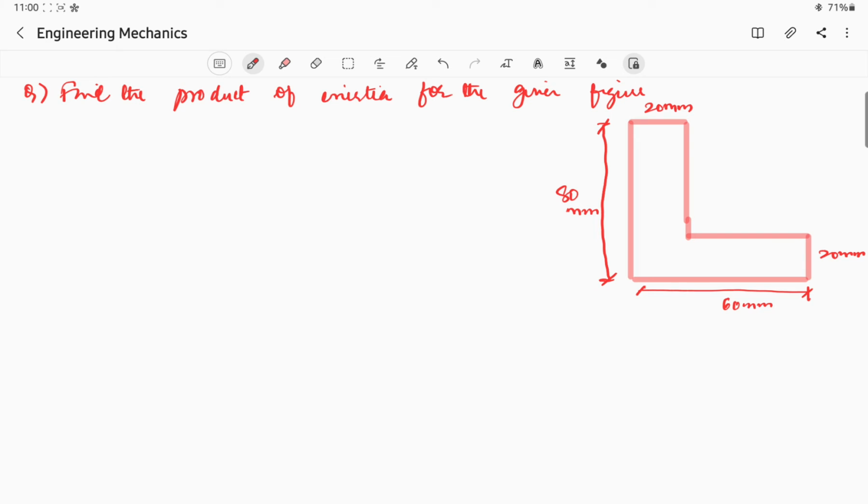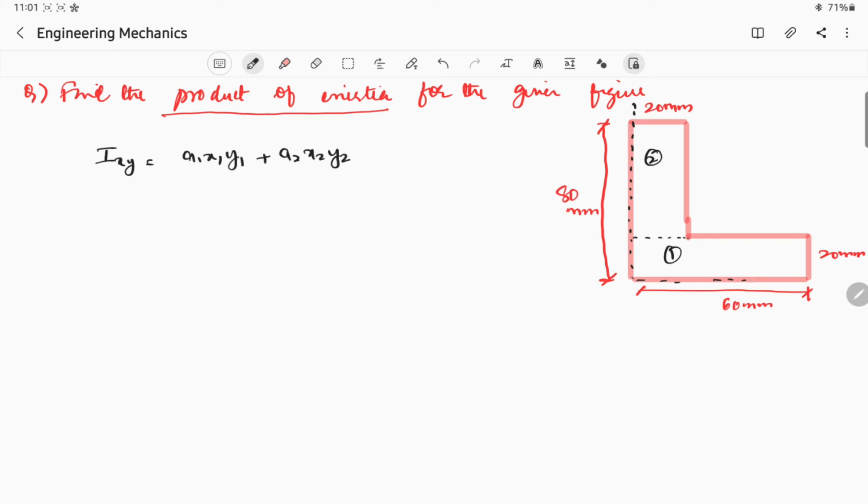So what we have to do, we have to calculate product of inertia for this figure. Whenever you come across product of inertia, our formula will be Ixy is equal to a1 x1 y1 plus a2 x2 y2. Since we have here two parts, this one we will consider as 1 and this one as 2.